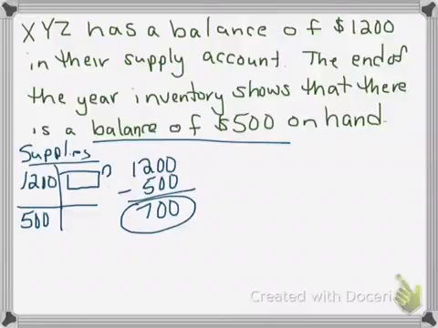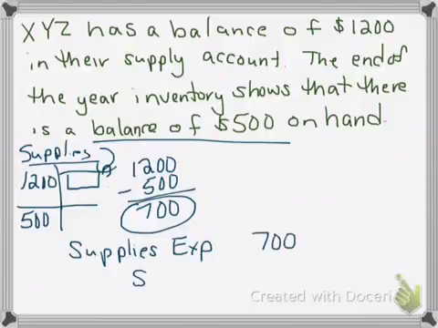And so for these accounts, the supply account is going to be which one? What side's that on? Credit. The credit side. So supplies would be our credit. All right. What goes with supplies? If we've used supplies, they turn into what? A supply what? Expense. So after we've used them, it will go to the supply expense. And so what you will see is supplies expense will be our debit for $700, and our credit will be the supplies account.